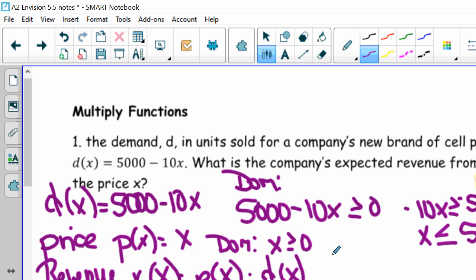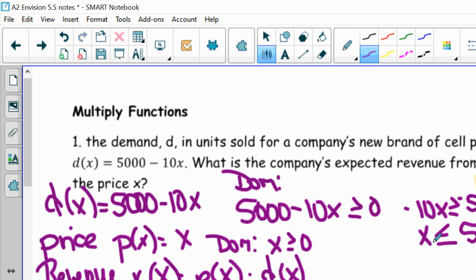So the price domain had to be x is greater than or equal to 0. For demand, x had to be less than or equal to 500. So the domain of my revenue is going to be x between 0 and 500. Okay.